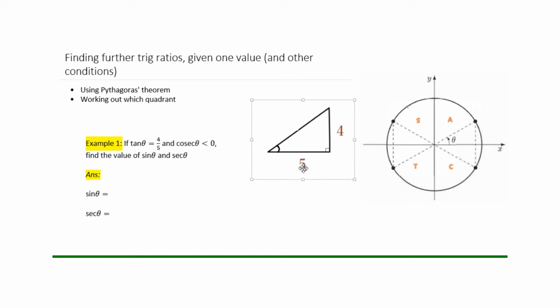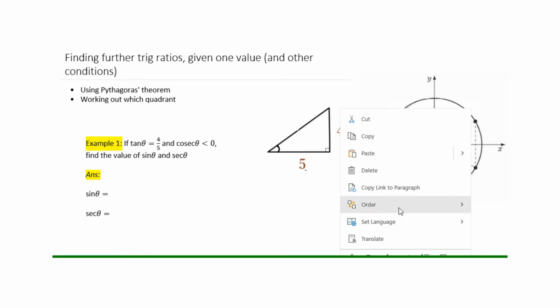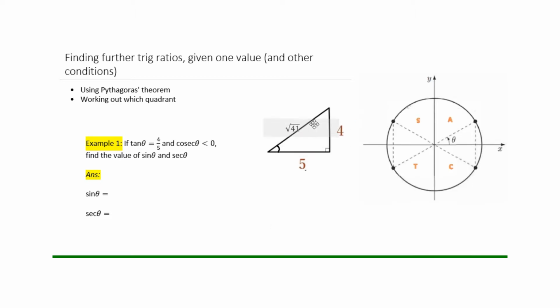Let's work out the third side first, in this case the hypotenuse. When we work it out, it is square root of 41.